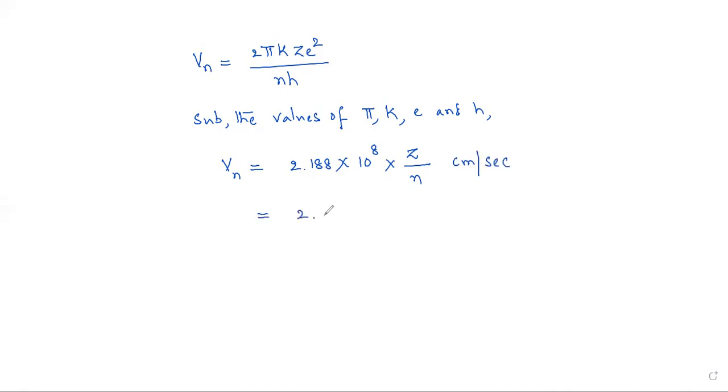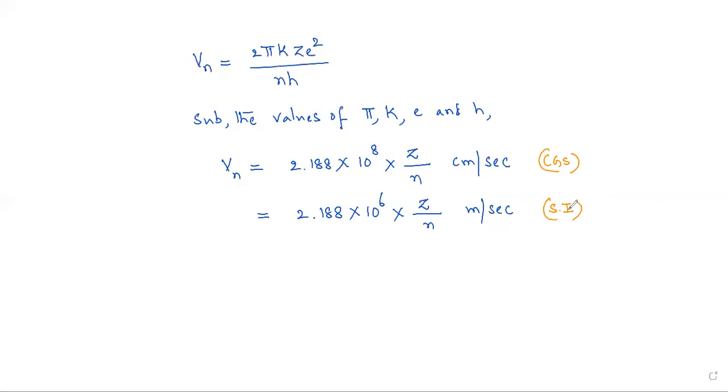Now the same thing can be written as 2.188 into 10 power 6 into z by n meter per second. This is in CGS system and this is in SI system.